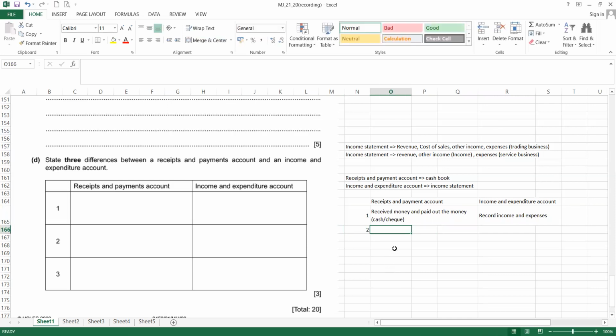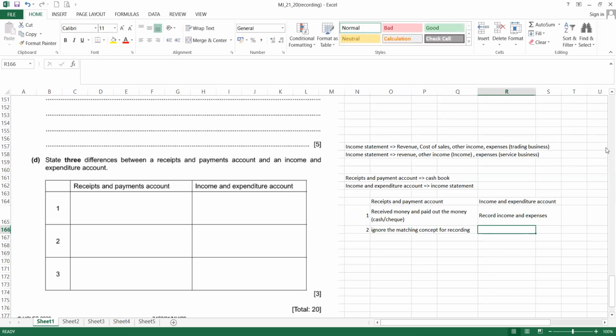Second difference, when it comes to the receipt and payment or cash book, we ignore the accounting adjustment. We take whatever the actual money that we receive. So we can say it ignores the matching concept for recording.